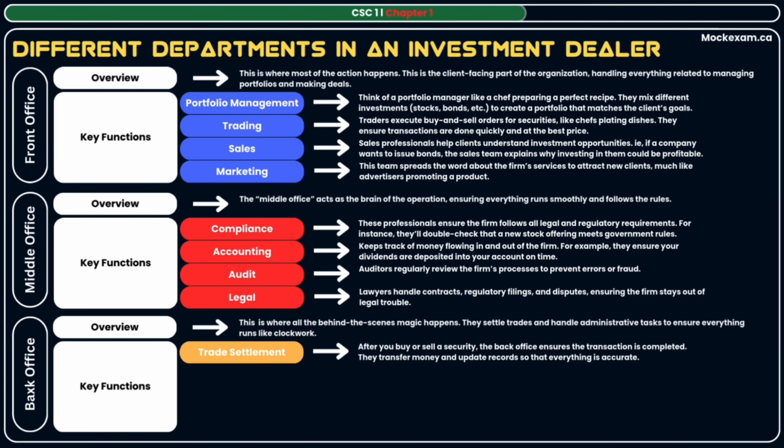And the back office finalizes everything, making sure trades are recorded and funds are transferred. By working in harmony, these departments ensure that investment dealers deliver top notch services to their clients while maintaining regulatory compliance and operational efficiency. It's like a symphony where each section plays its part to create beautiful music.